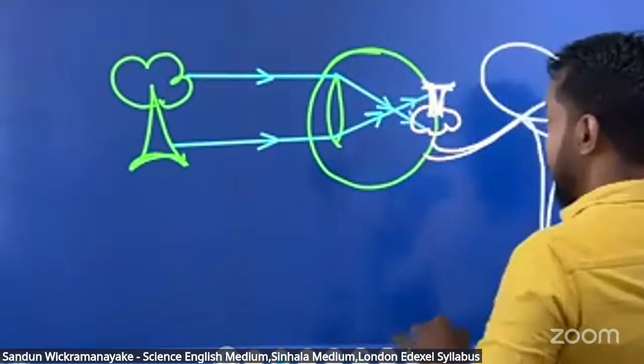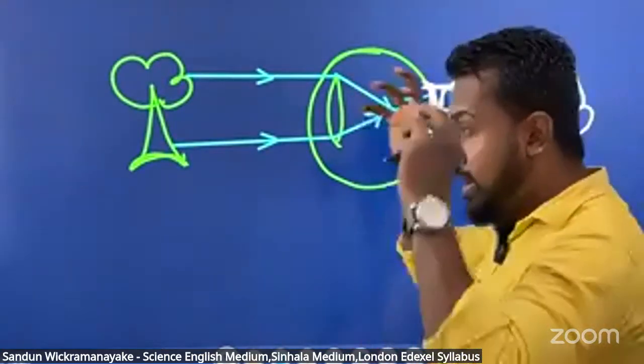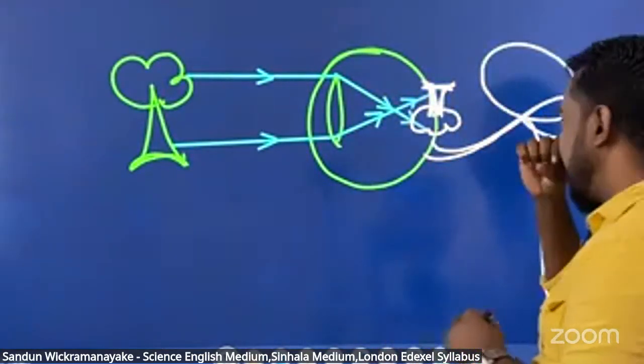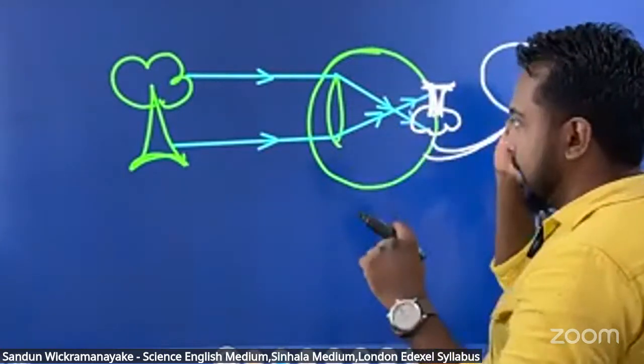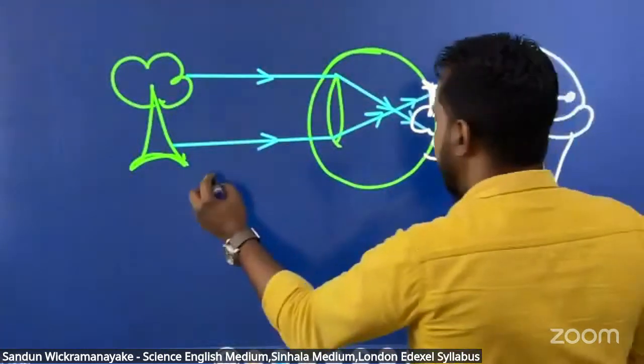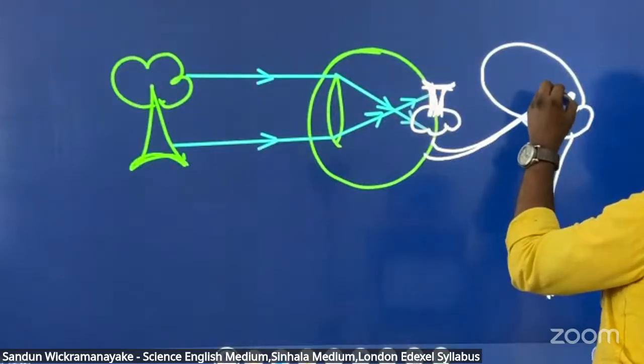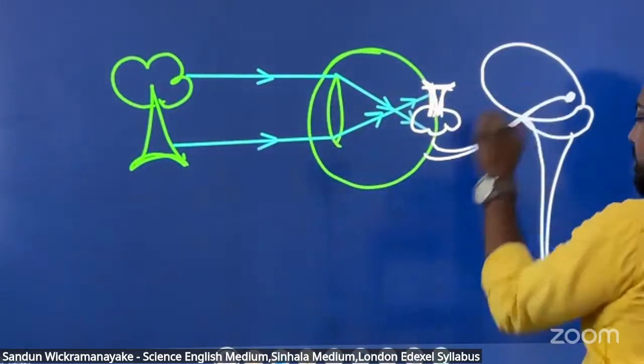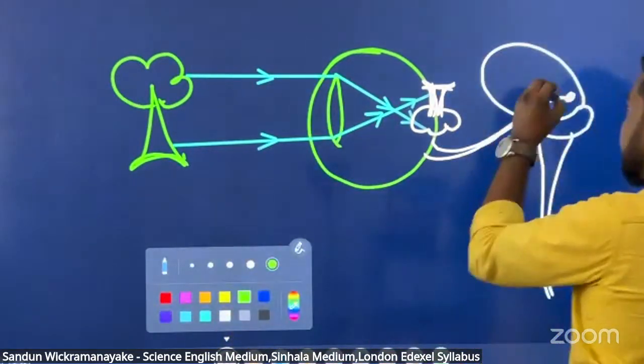Okay. So the human brain identifies this tree and you can see that tree.